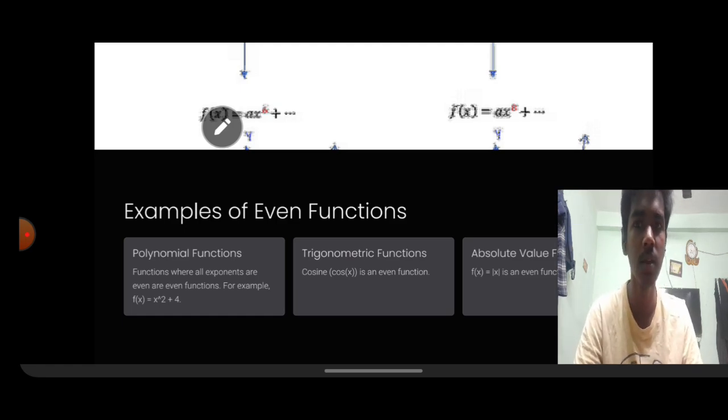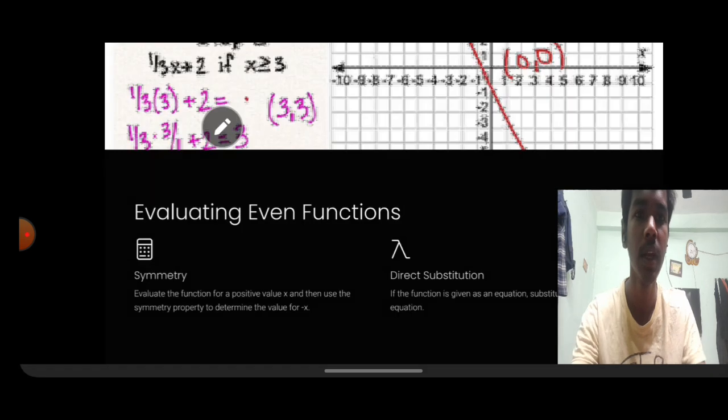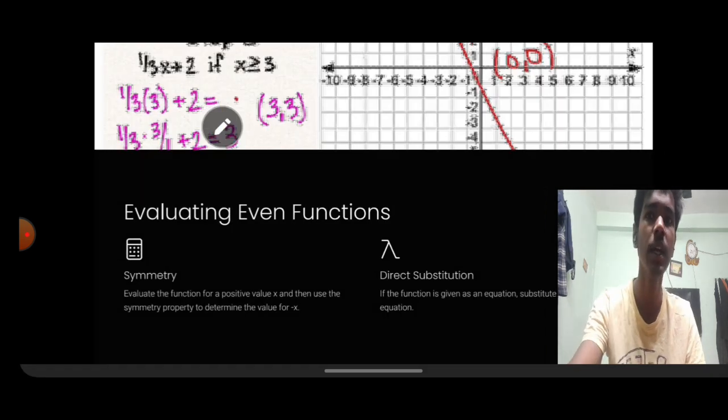Cosine x is an even function. Lastly, absolute value functions. F of x is equal to mod x is an even function, and f of y is equal to mod y is an even function because they are reflecting symmetrically. These examples highlight the diverse application of even functions across mathematics and science.